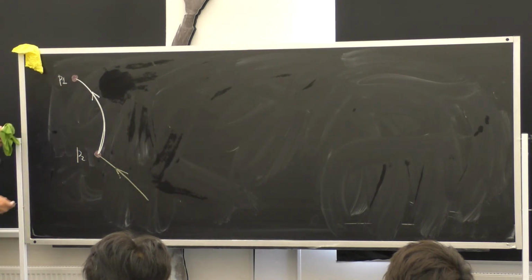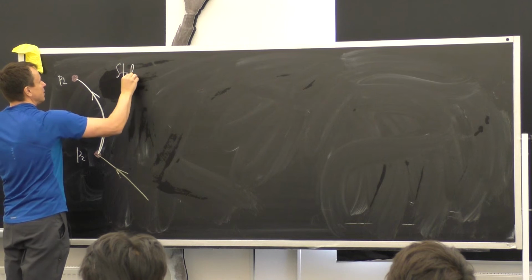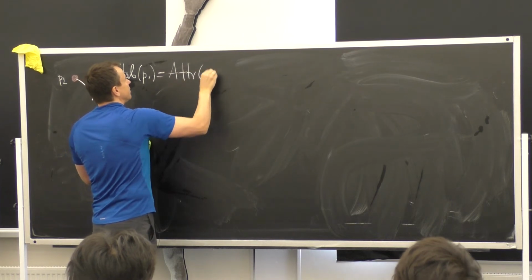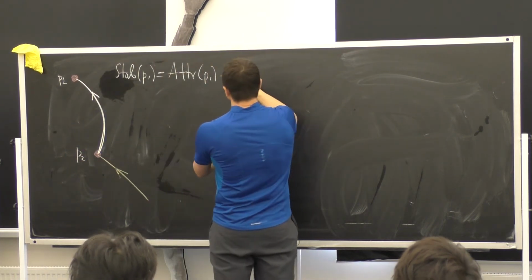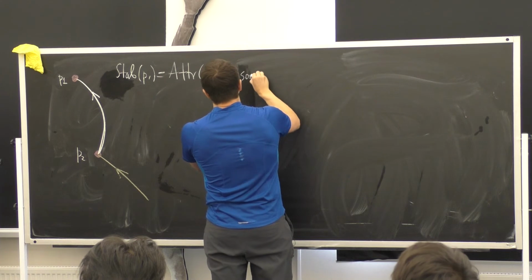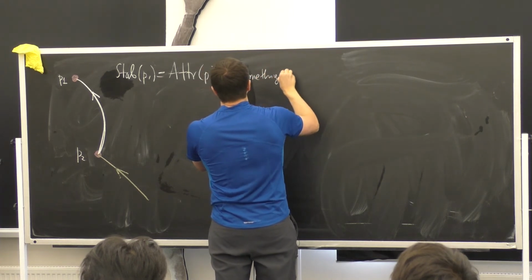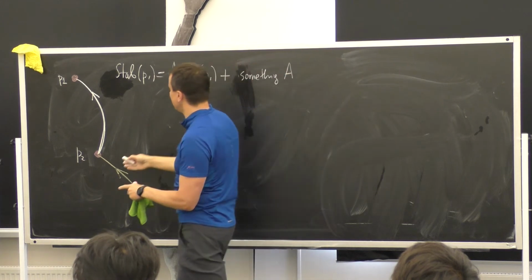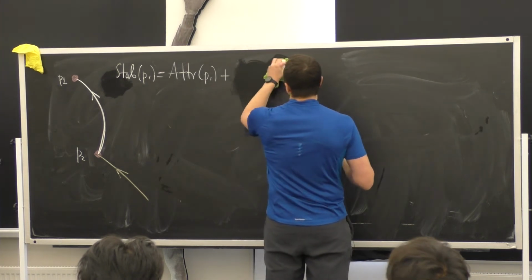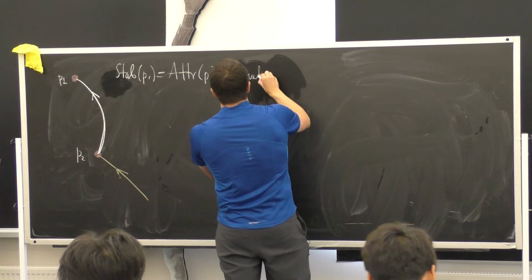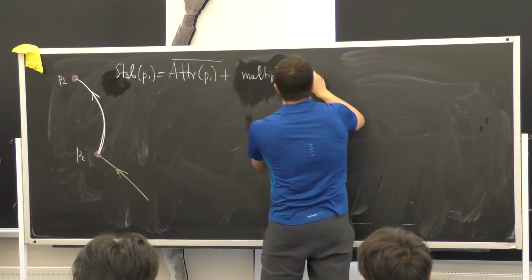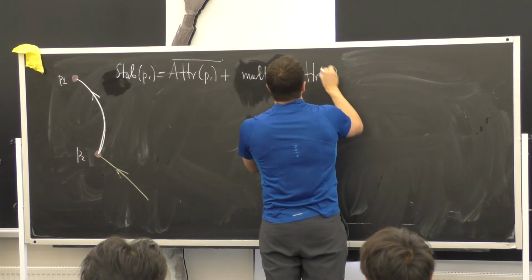So the stable envelope of P1 starts with the attracting manifold of P1, plus some multiple of the attracting manifold of P2, plus some stuff. Let's suppose for the sake of argument these are just points.